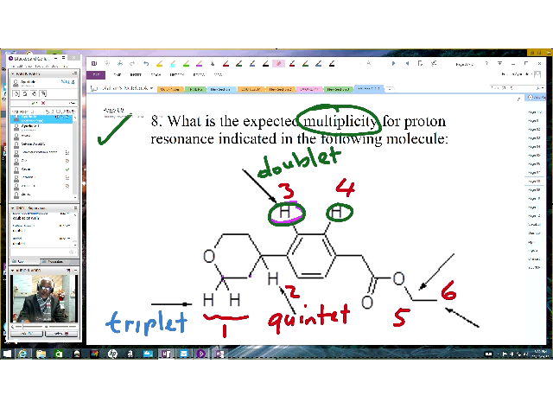Keep in mind, there is no hydrogen on this carbon. There is no hydrogen on this carbon. The only other hydrogen that hydrogen 4 is seeing will be this here. So it is also a doublet. 1 plus 1 is 2. That is how we get the doublet.